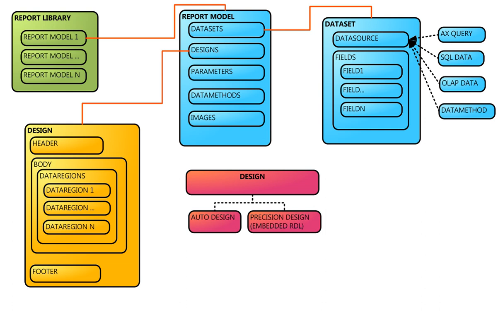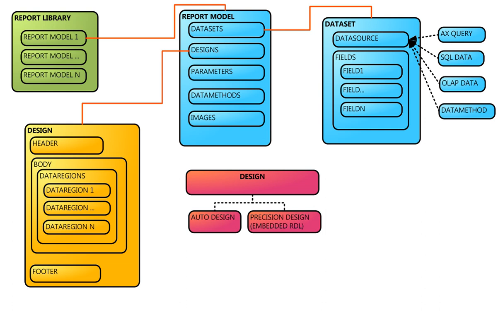A precision design, which I've put in parentheses here, is really embedded RDL. It's not complete RDL. It's basically the header, body, and footer of an RDL. And we, for the most part, take that embedded RDL, combine it with the other shared components, and spit out the full RDL.